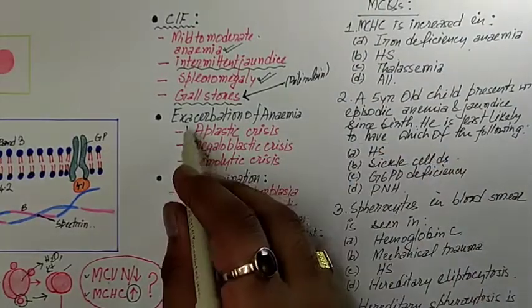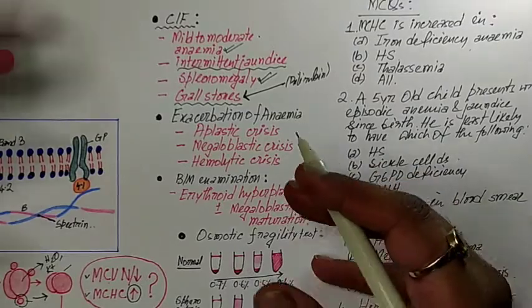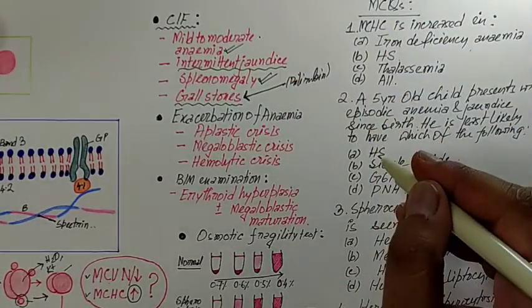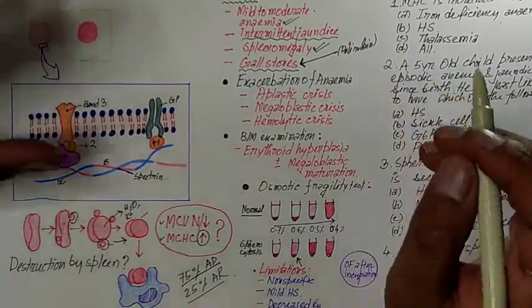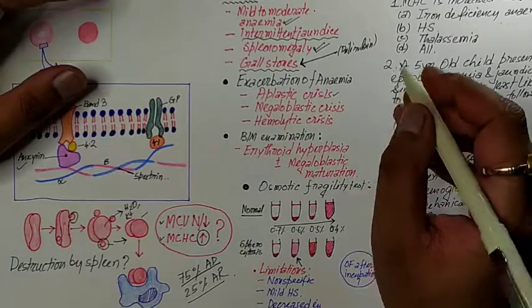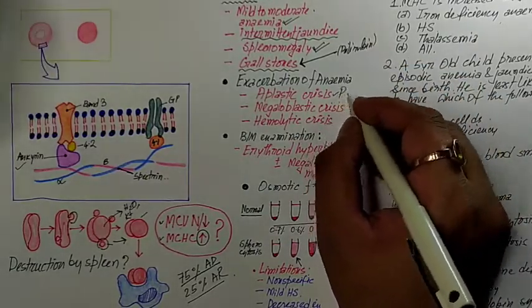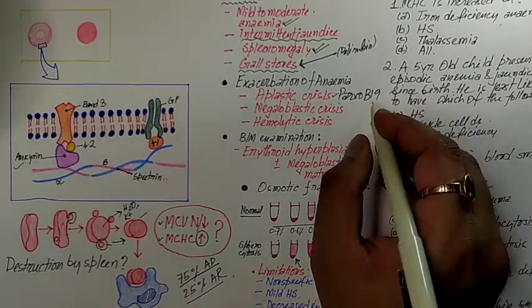Now I'll talk about the exacerbations of anemia. There is a fluctuation in the amount of anemia in those patients. These exacerbations usually occur in certain scenarios, like aplastic crisis, that is caused by parvovirus B19 infection.